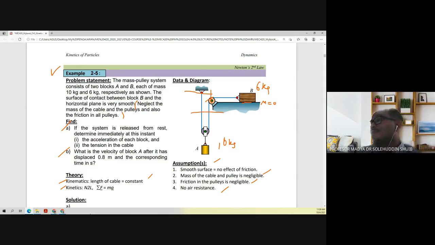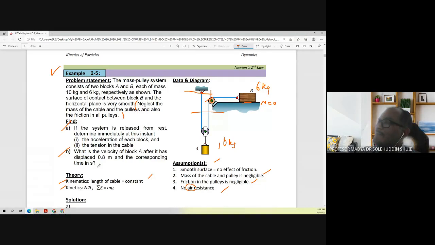But in the era of nanotechnology or MEMS, micro electrical mechanical systems, you cannot ignore air. Because at the micro level, some students and researchers have a problem: why can't their motor rotate?